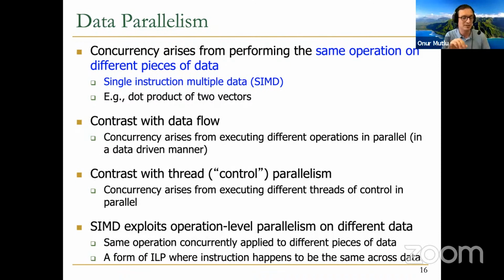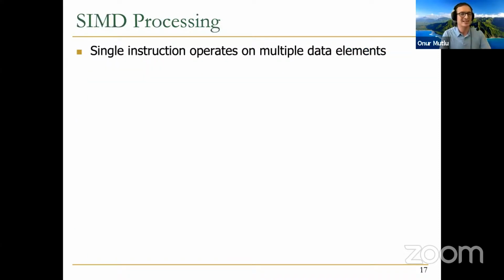So many people actually confuse this. SIMD really is exploiting some sort of instruction level parallelism where the instruction happens to be the same across different elements of data. Okay, so I already said this, single instruction operates on multiple data elements, but there are two major forms of it, and I'm going to give you the purist's distinction. You could do this in time across consecutive cycles.